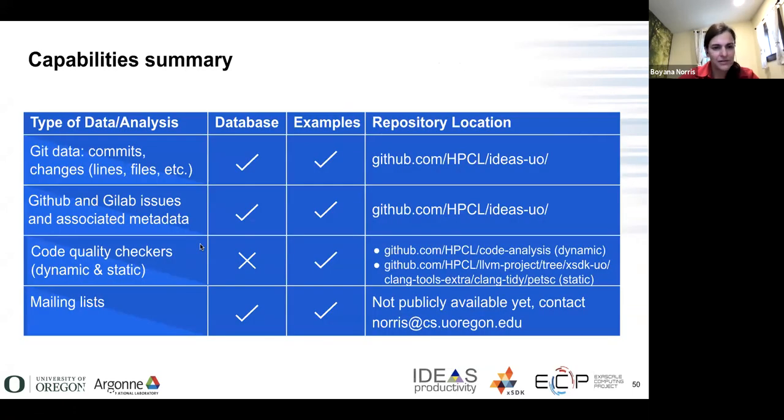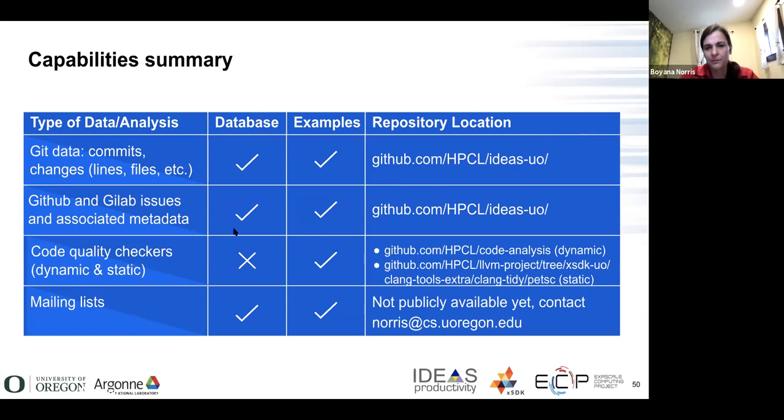And to summarize, this is basically a set of tools and associated examples that look at data that we can obtain easily, publicly available development data. And in some cases, we store it in a database, and in other cases, we do not. For example, the code quality checkers don't use a database. They just use your code wherever it's sitting.